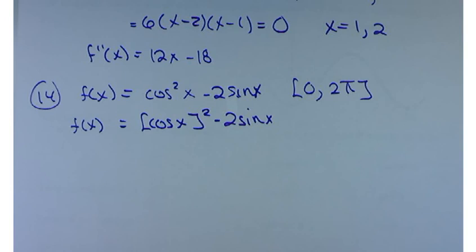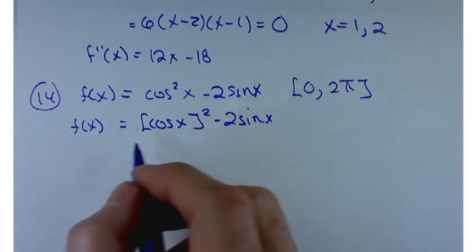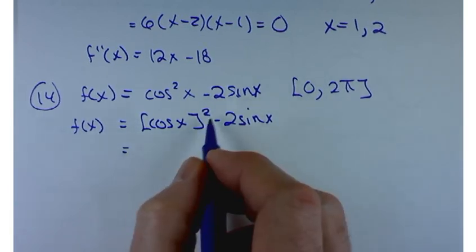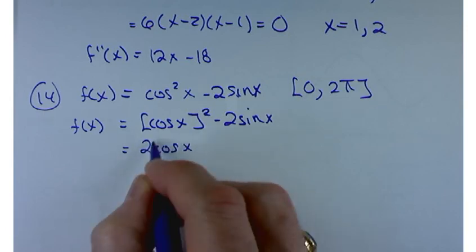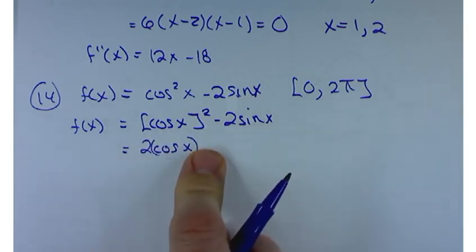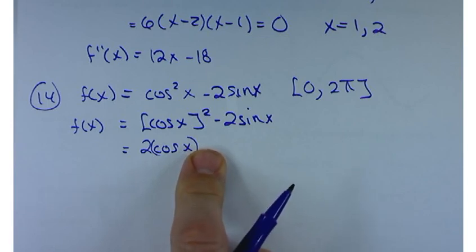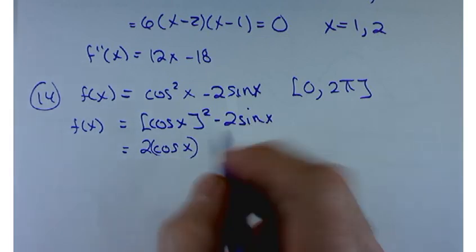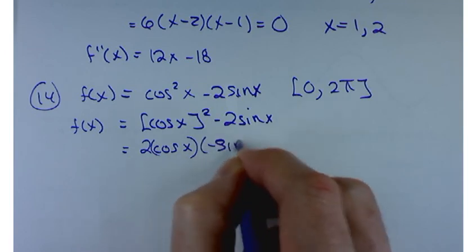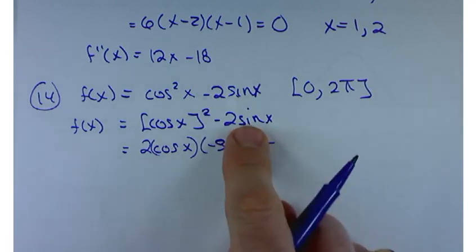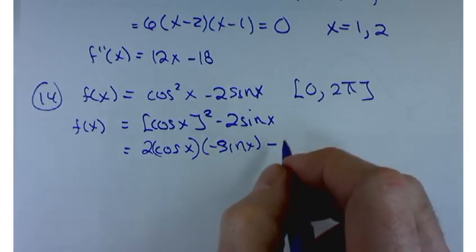And we got to work hard with the derivative. So the derivative is going to be the derivative of the outside, 2 cosine of x times the derivative of the inside. What's the derivative of the inside? Negative sine of x minus 2 cosine of x.